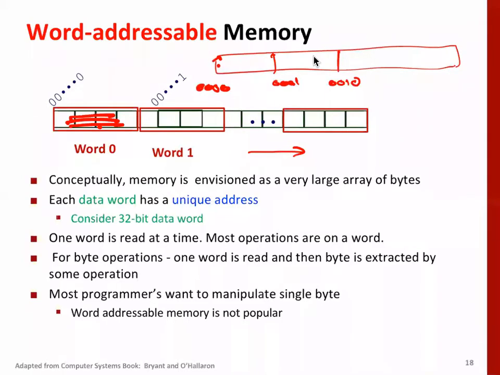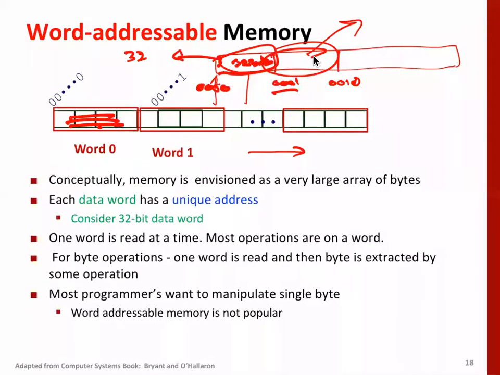Now you define it as a 32-bit word, which means 32 bits will be there. This is the address. When you want to read the first word, you give this address and read all of this, which is 32 bits. If you want to read the second word, you give the second address, 0001, and read this.